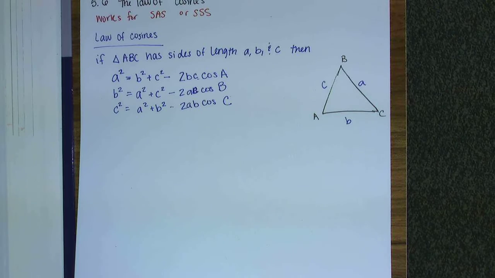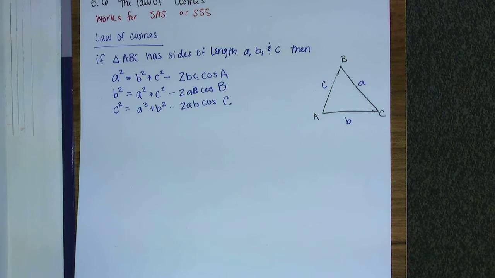Basically, it's that any two sides added together has to be greater than or equal to the third side. So I'll show an example of how we know one of them is not a triangle here in just a minute.